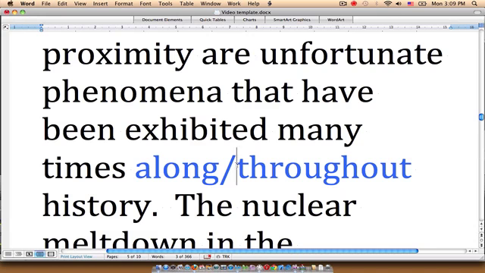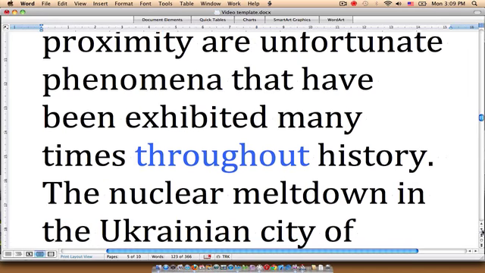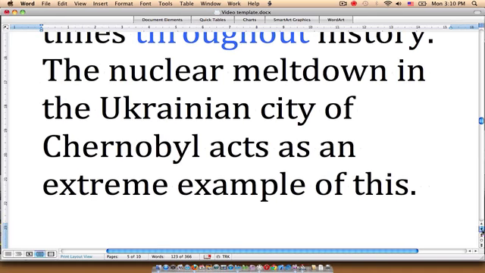Okay, and here our correct answer would be throughout history. Often the words throughout and history are coupled, so it's something that a native English speaker would say or write more naturally. So that's our topic sentence. Now let's get to our example of this.